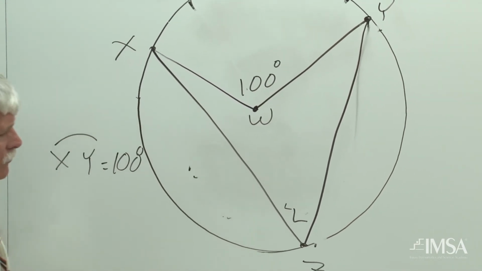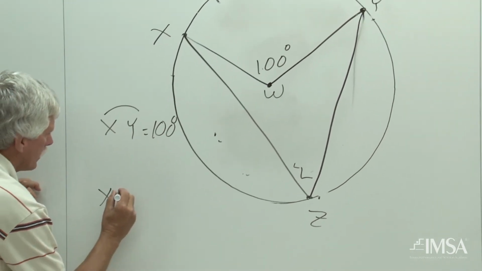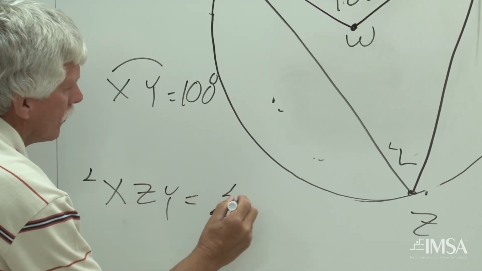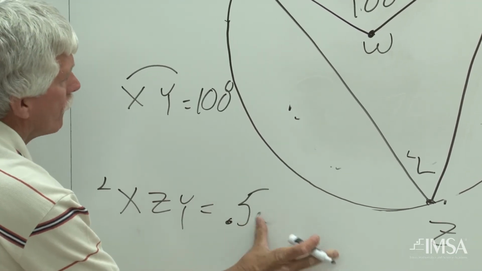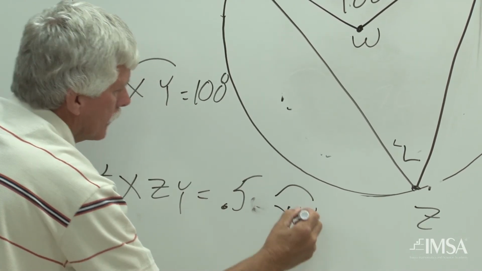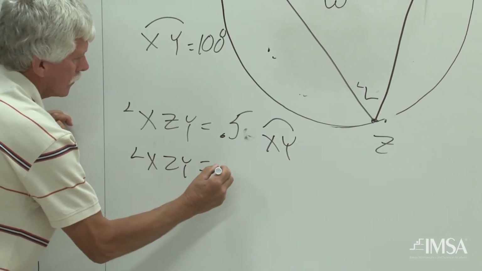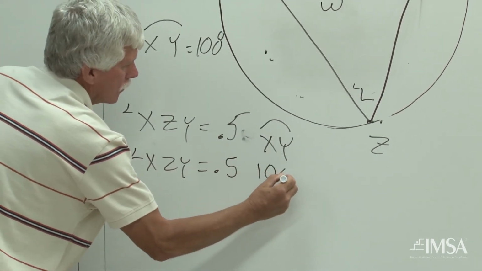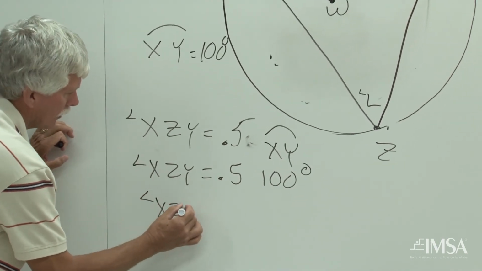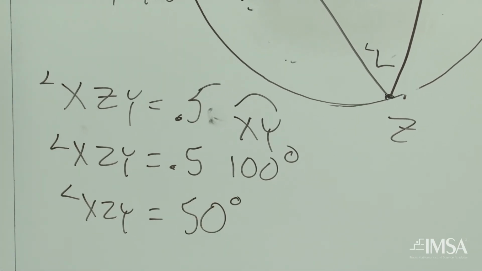So we know that the relationship of XZY is 1/2 of arc XY. We substitute and finish it up. We know then that angle XZY is equal to 50 degrees.